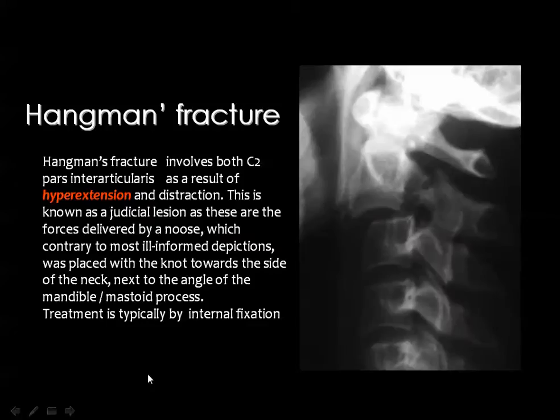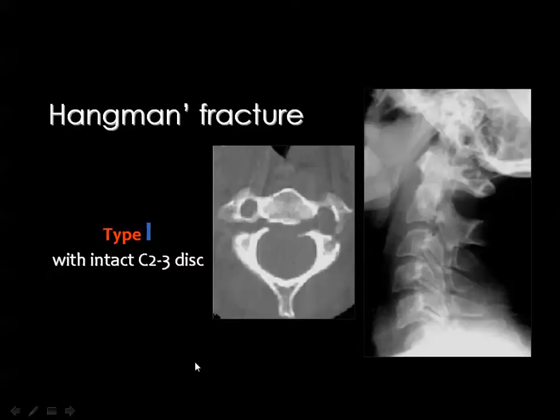And this is the hangman fracture of the type 3 appearance, and you see there is fracture of the pars interarticularis of C2 vertebral body. The vertebral body has been displaced anteriorly relative to C3, representing traumatic spondylolysis.